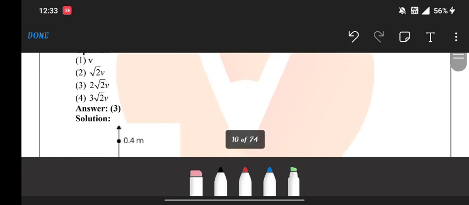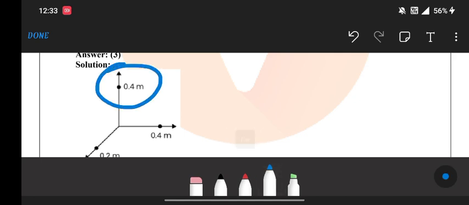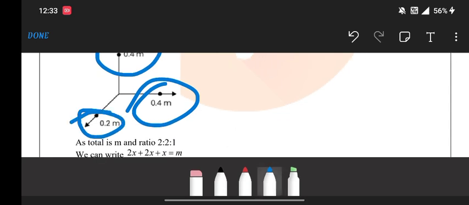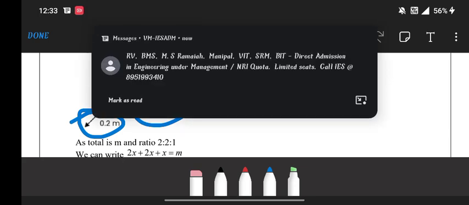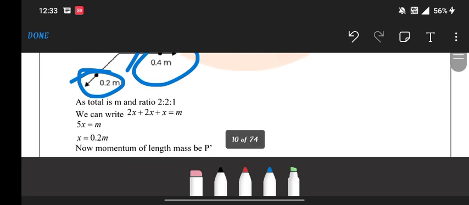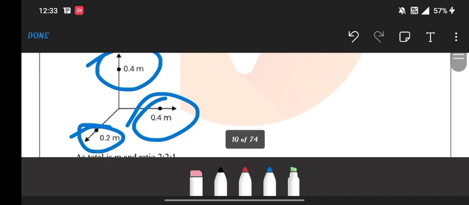So this is how it will be. Here these both are 0.4 meter, this is 0.2 meter. The total is m and the ratio is 2 is to 2 is to 1, because 0.4, if we divide it by 0.2, it will become 2.